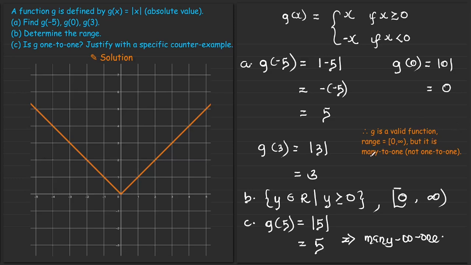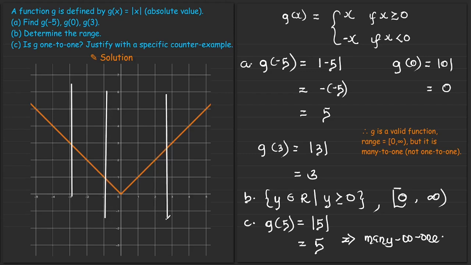But it is a many to 1, not a 1 to 1 function. Moreover, you would have even been able to determine that it's a function by using our vertical line test. So if you draw a straight line here, you see it touches just 1 point on our graph.